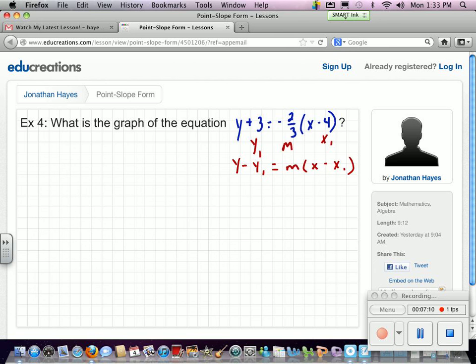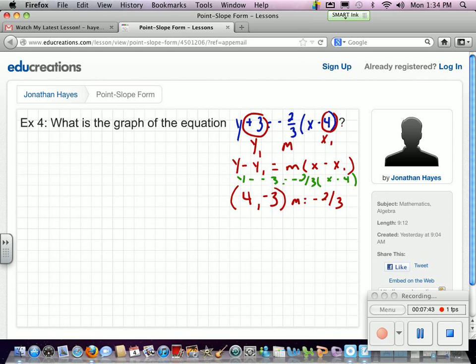So this right there is your x1. But when we look at the y and it has that plus 3, if we were to write it as minus, it would be written as y minus negative 3, and then negative 2/3 (x minus 4). So that means our ordered pair is actually going to be (4, negative 3), and our slope would be negative 2/3.